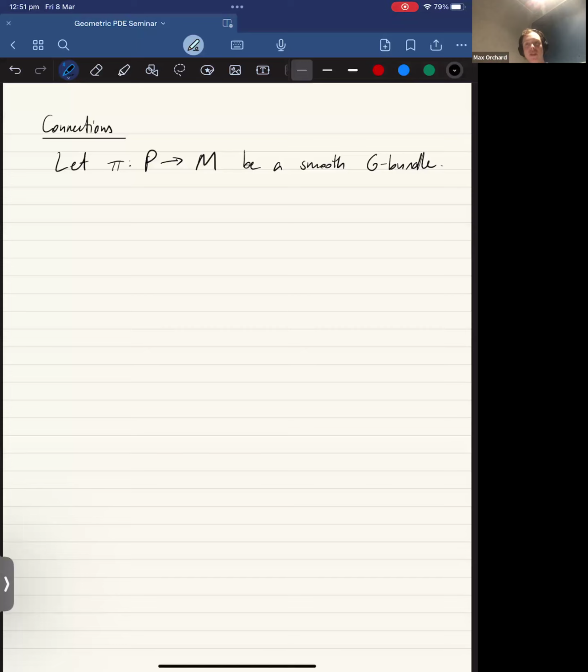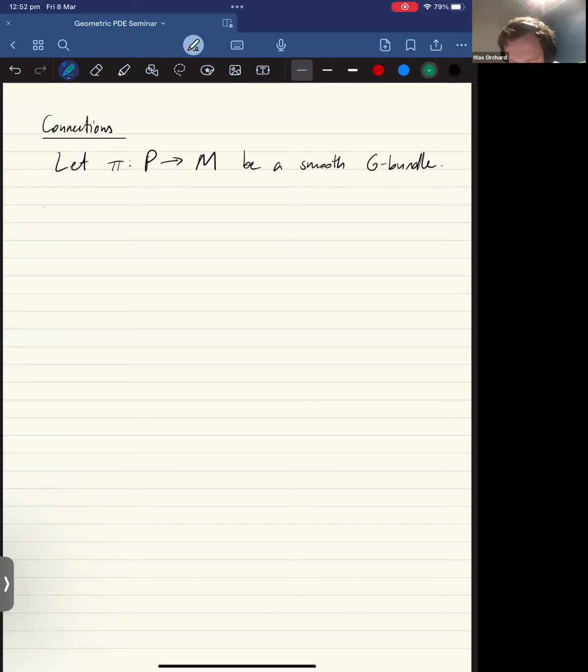The way that we get around this is by adding an additional structure called a connection. Now, of course, on a Riemannian manifold, you have a distinguished connection. Here, we're not going to assume that we have any Riemannian metric a priori. We're just going to have smooth manifolds here.